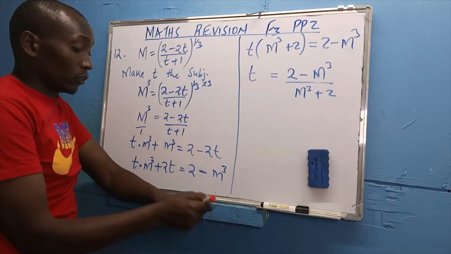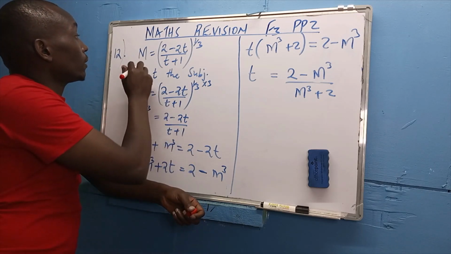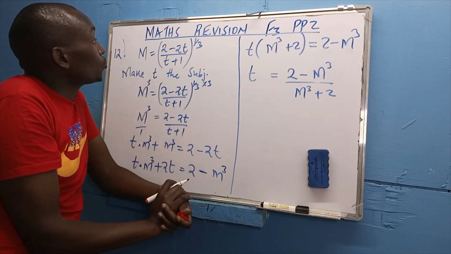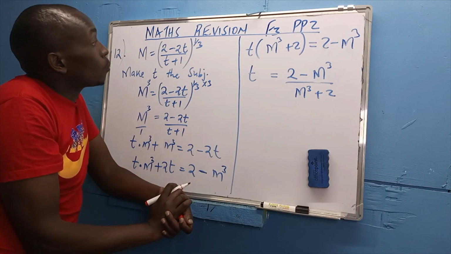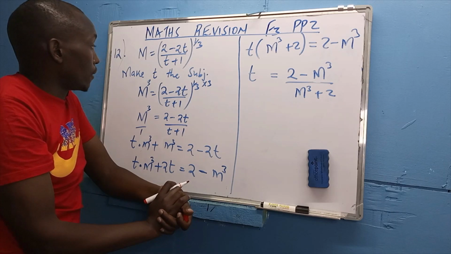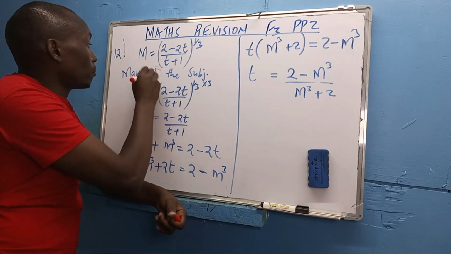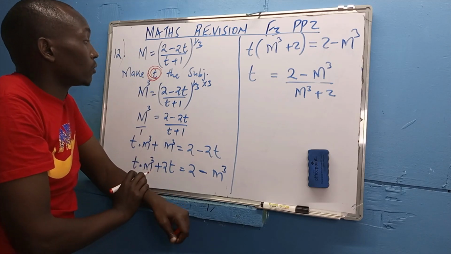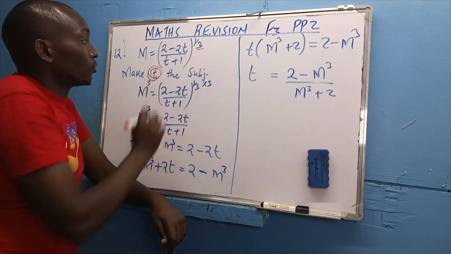Well done. Question number 12. Then you're given this. M is equal to 2 minus 2t over t plus 1, all raised to power 1 over 3. Good. You're supposed to make t the subject of the formula. With that, over here it is cube root.